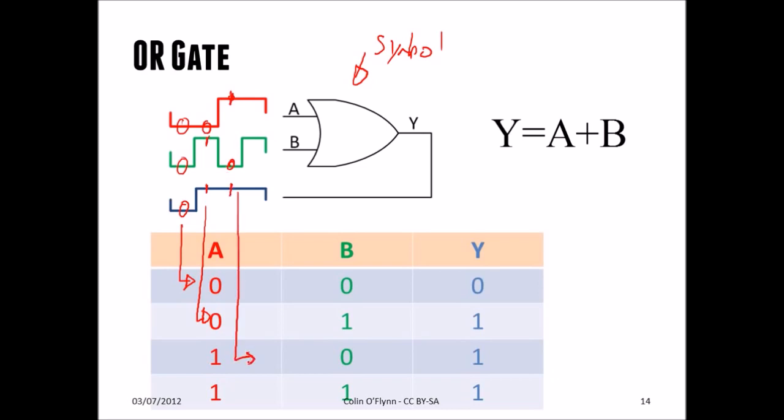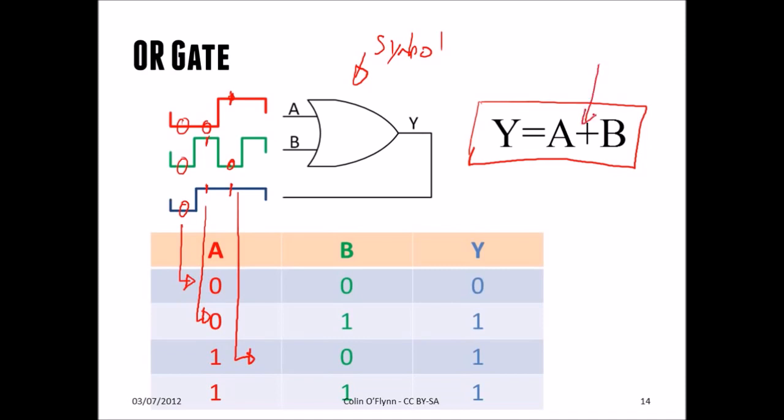So throughout the course, you'll see all of these representations being used. You'll see the waveform style, and you'll see the truth table. So it's good to be familiar with all of them. And this final piece of information is the equation for it. Here the plus symbol is actually meaning OR.